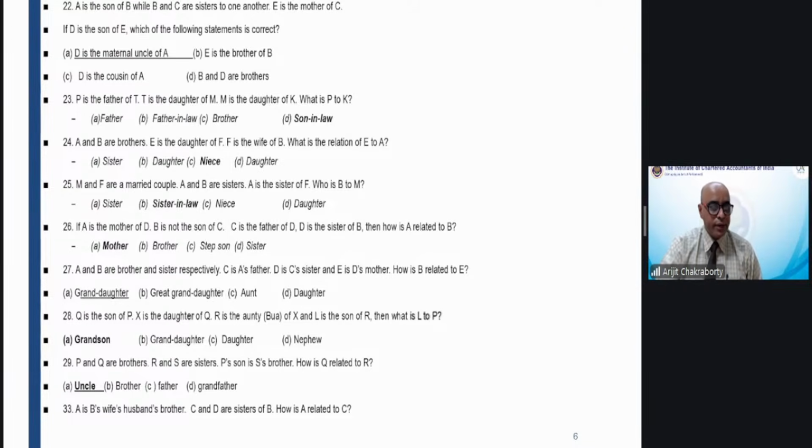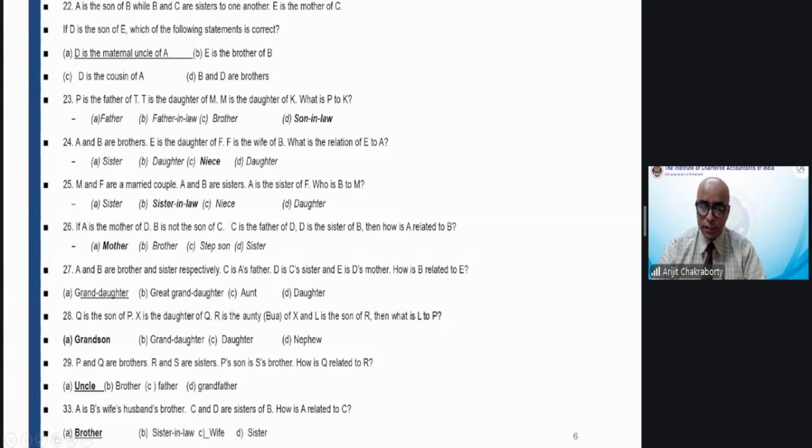Also given C and D are sisters of B. So A is the brother of B क्योंकि लिखा है A is B's wife's husband's brother, यानी A and B are brothers. Also given C and D are sisters of B. Both C and D are female and they are sisters of B. Question is, how is A related to C?